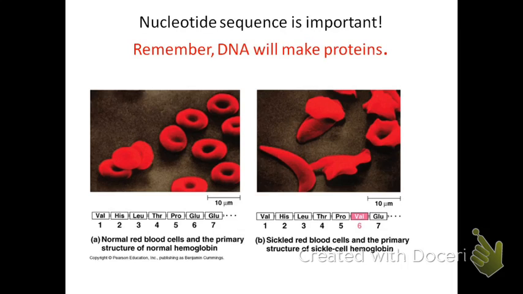Then we can get serious problems that can be caused, such as when we looked at sickle cell in our last set of notes. So you need to know that nucleotide sequence is very important.